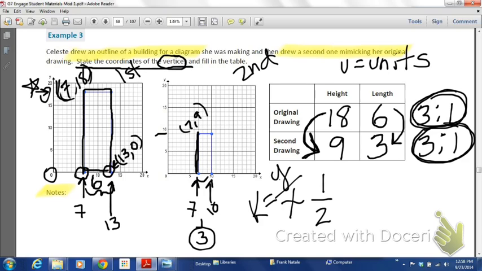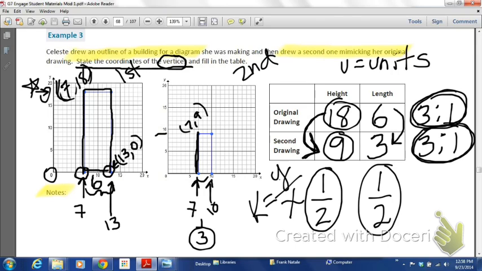In this case, this is y and here is x. So we have 9 over 18, which is 1/2, and this one here is also 1/2. From the original drawing to the second drawing, you are multiplying by 1/2 or dividing by 2. So you have that constant of proportionality.